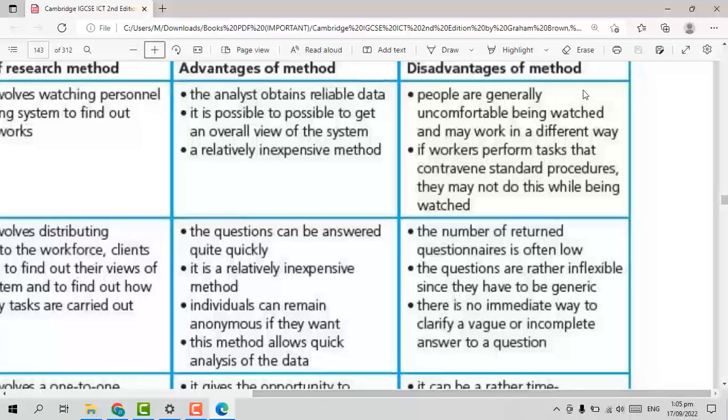Now let's jump to the disadvantages of this method. While you have a system analyst sitting around and observing people, people are generally uncomfortable being watched and may work in a different way. Well, this is a universal fact. When you have someone watching you, you would definitely feel uncomfortable. That is one disadvantage of observation. The next one is if workers perform tasks that contravene standard procedures, they may not do this while being watched.